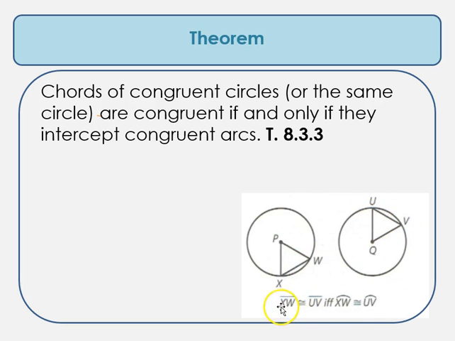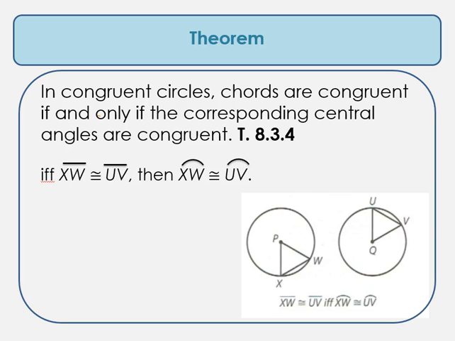And note the statement down here below these circles. You can see the chords are indicated by the straight lines. The arcs are indicated by the arc symbols, and those have to be on your paperwork for us to discern which you're talking about. Next theorem, in congruent circles, chords are congruent if and only if the corresponding central angles are congruent.